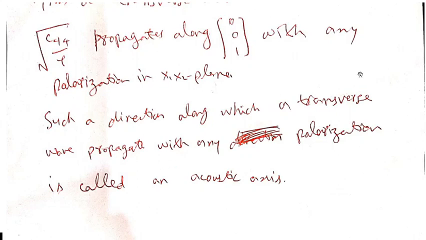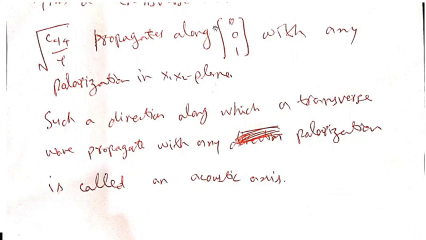Here in our case, the transverse wave is propagating with any polarization, so we have defined this acoustic axis: a direction along which a transverse wave propagates with any polarization is called an acoustic axis.